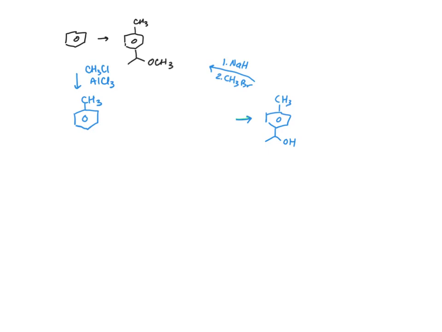So how are we going to get to this alcohol? Well, keep in mind that we can get alcohols and add carbons using our Grignard reagents. So where's that Grignard reagent going to be?